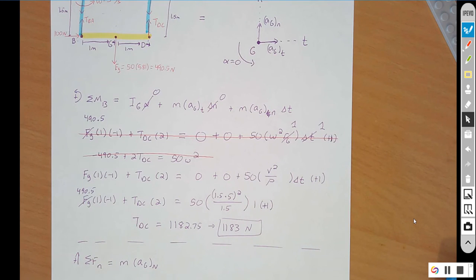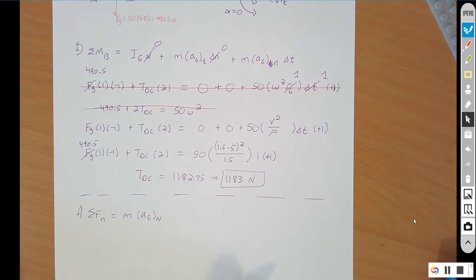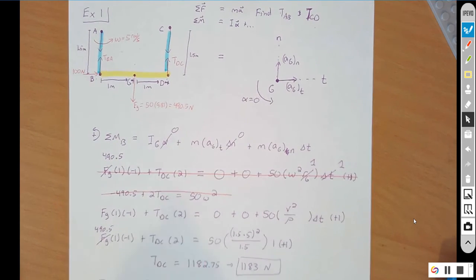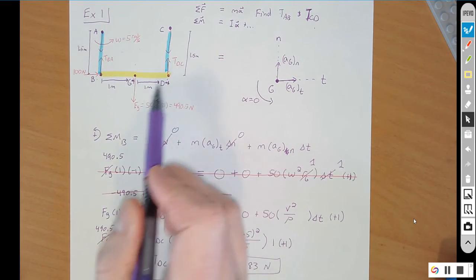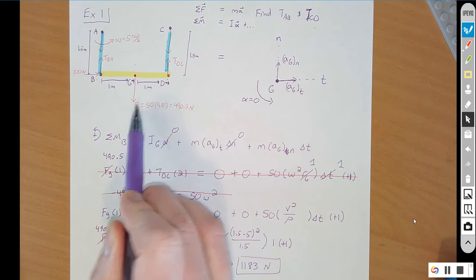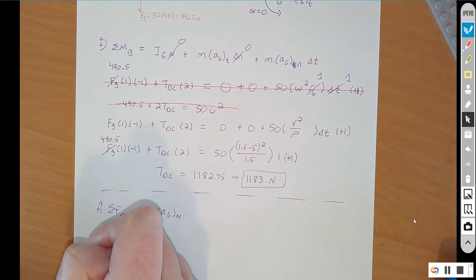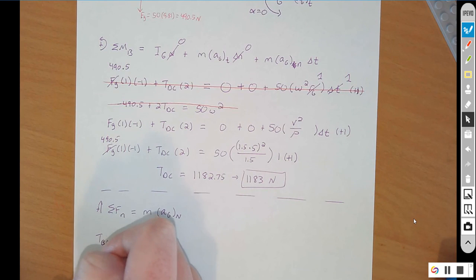And so again, we did this mass acceleration normal up here. So let's do our forces first. So our forces all come from this diagram. So we'll have tension BA, negative weight, tension DC. So we have tension BA going up minus force due to gravity plus tension DC.